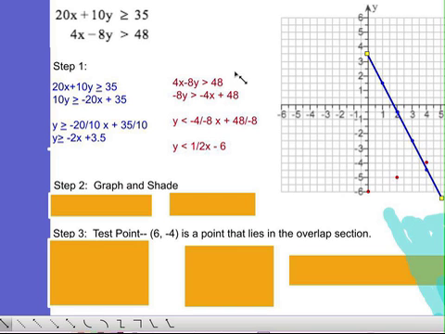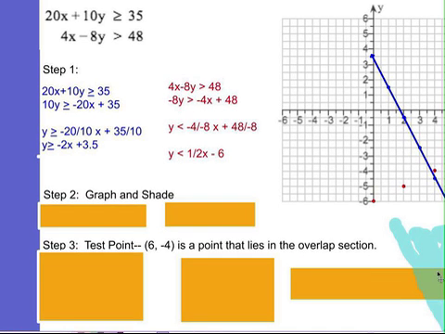And again, I've got to color in my shading. Since it says greater than, all the numbers greater than 3.5 are above. So I need to color above this line.